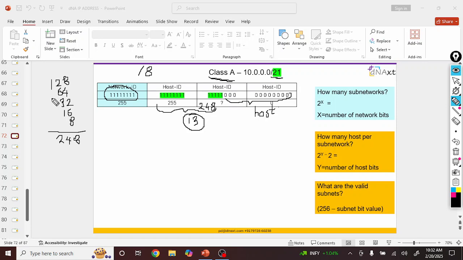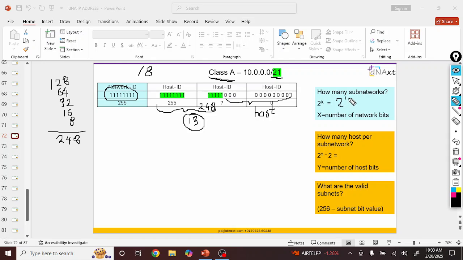Okay, 128 plus 64 is 192, 192 plus 32 is 224, 224 plus 16 is 240, and 240 plus 8 is 248. So the subnet mask is 255.255.248.0.